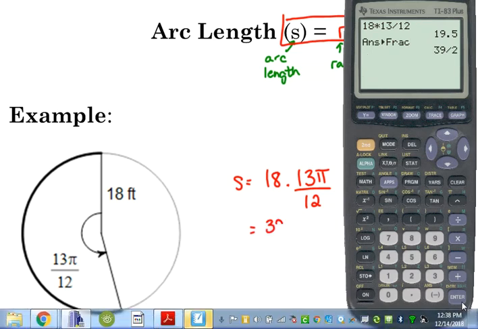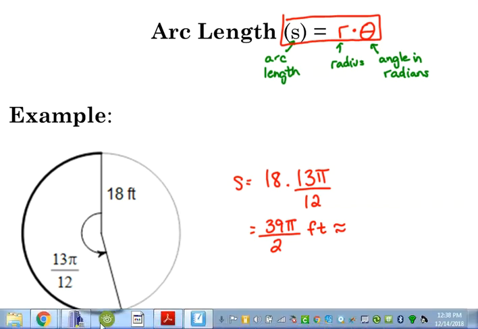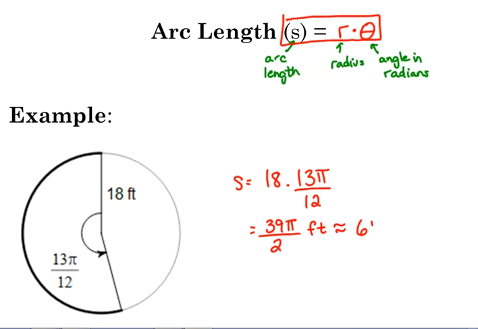So that's 39. I'm going to put the pi back in. I just won't put it in my calculator because it'll multiply it out and it won't let me turn it into a fraction. 39 pi over 2 feet is the exact answer. If it gives you a decimal, then you multiply that by pi and round to the nearest tenth, so 61.3.